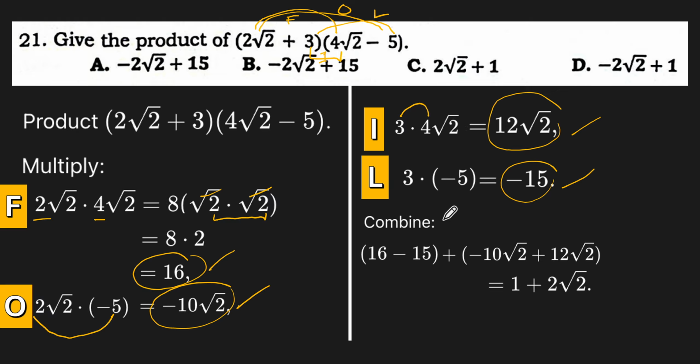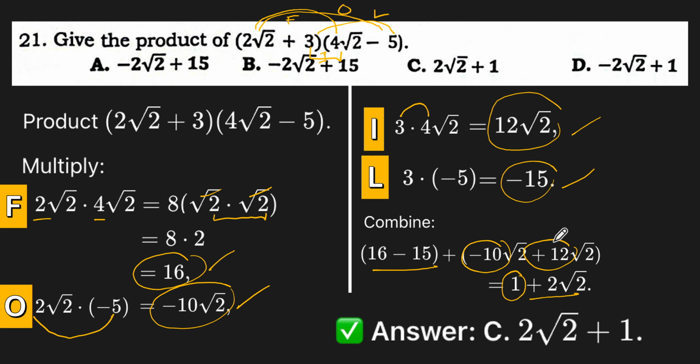So 16 minus 15 is 1. And then negative 10 plus 12 is equal to positive 2. So the answer would be 2 square root of 2 plus 1. Just rearrange this one and then we can write it as the final answer.